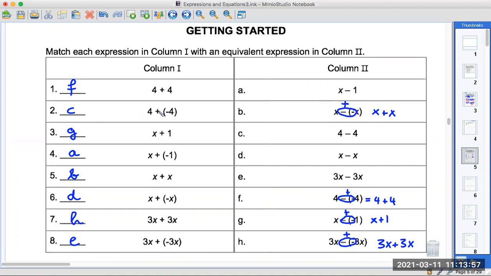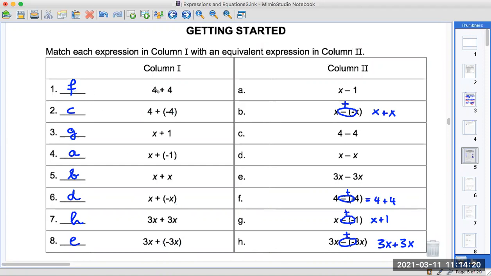When you add a negative, adding a negative means you're just adding the opposite. So this whole thing turns into 0 because 4 plus -4, remember the opposites, turns into 0. This turns into 0. And this turns into 0.